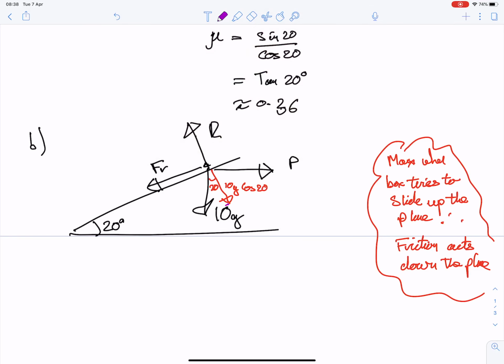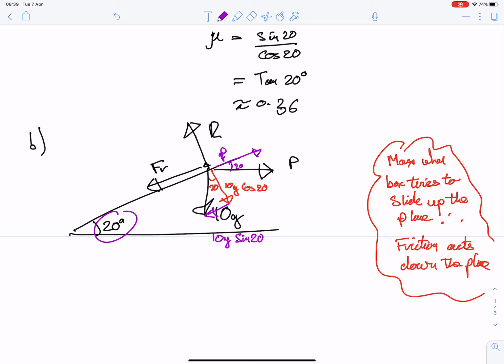Here, opposite, we've got 10g opposite the angle, sine of 20. If we come up to here, if this is 20 here, this is corresponding, so this is also 20, and this one then is adjacent to the angle next to it.